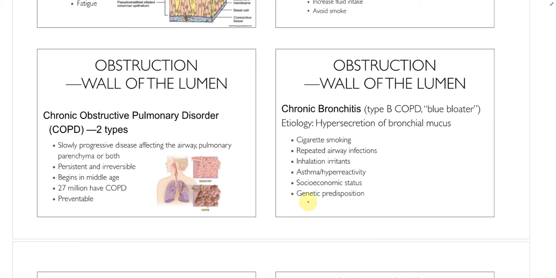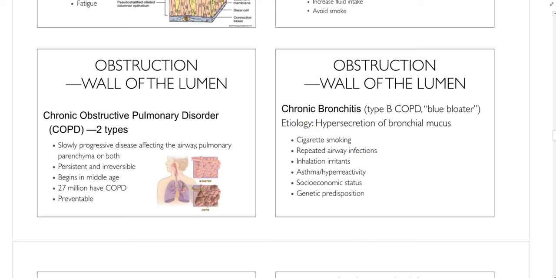Some people have a genetic predisposition towards it, but generally it's from exposure. The primary exposure is cigarette smoking or repeated airway infections, maybe through asthma, but that's not as common. Cigarette smoking and infections are really our number one things.